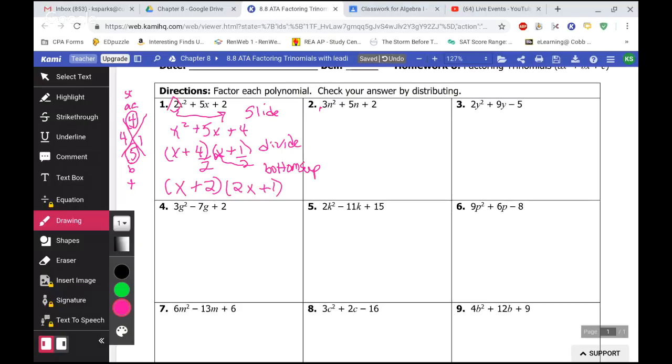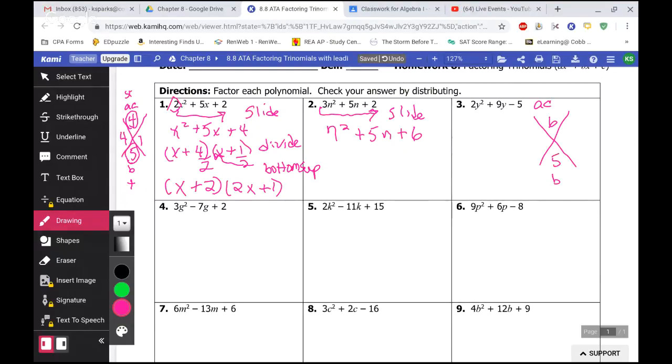Number 2, slide. So that gives me n squared plus 5n plus 6. So now if I was doing the little X diagram, I've got AC up here, which turned out to be 6, and my B down here, which is 5.